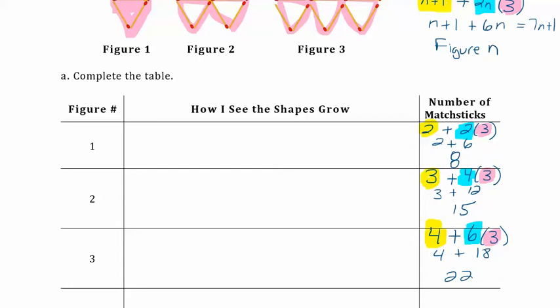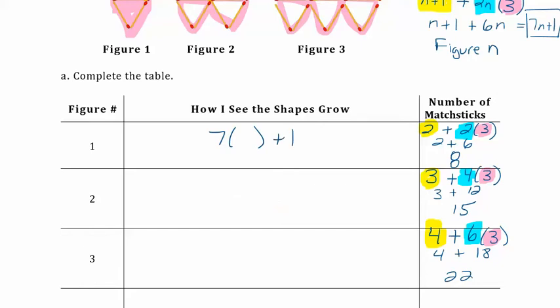So now, if we look at this formula, 7N plus 1, let's write this down here. What this says, if I take the figure number, and you should have how you see the shapes grow in here, I'm just using this board space to write this down. This formula says take 7 times the shape number and add 1, and it should work.